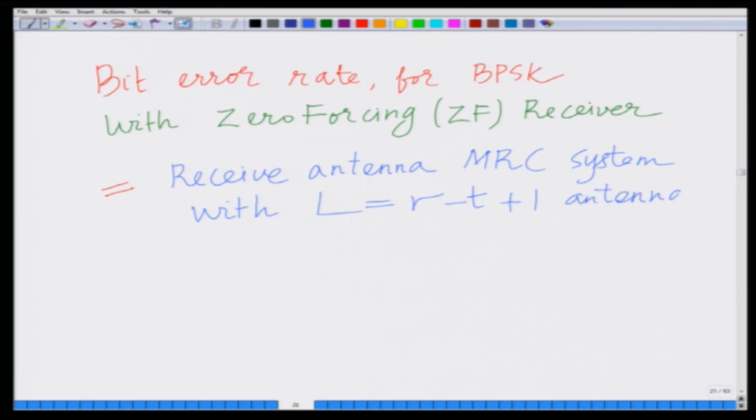This is something very interesting, which we are not going to prove rigorously here, but which we are going to take at face value.